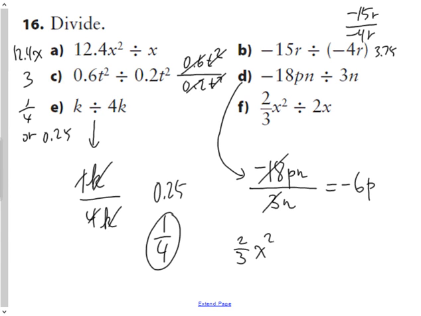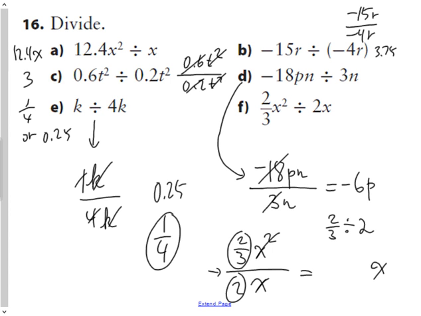2/3 x squared over 2x. Let's start with our variables first. X squared over x is going to leave me with x. Now 2/3 divided by 2 is essentially what we're doing here, correct? So back in grade 8, when you learned how to divide fractions by whole numbers, you learned that the easiest way to divide them was change your division to multiplication and use the reciprocal of 2.